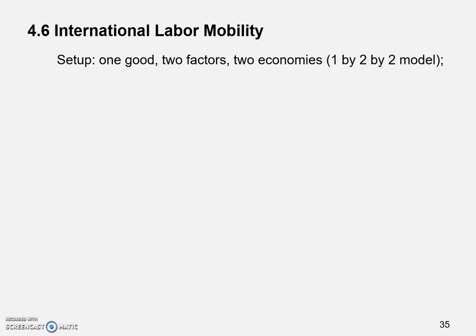Cloth and food, three factors, labor, land, and capital, right? And two economies, home and foreign. In other words, we have been exposed to a 2 by 3 by 2 model. Here, what we're going to do is a 1 by 2 by 2 model, so it's supposed to be easier.